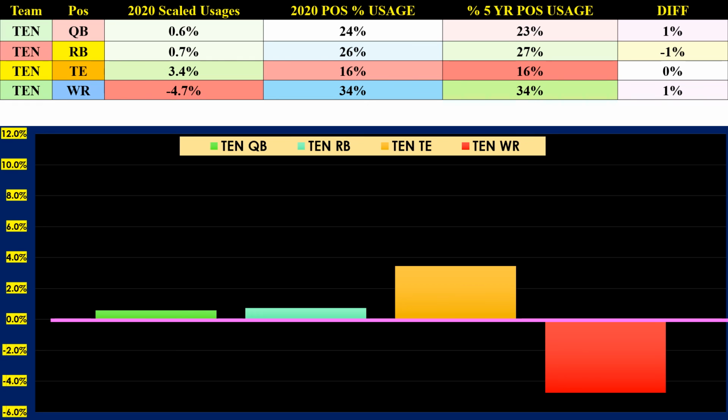A.J. Brown seems to be the logic, kind of like the Calvin Ridley of this team. And, of course, Julio may be the 1B there. You may be able to get a bargain at Julio, but I think that name is going to shake folks up, and you're probably not going to get as much bargain.